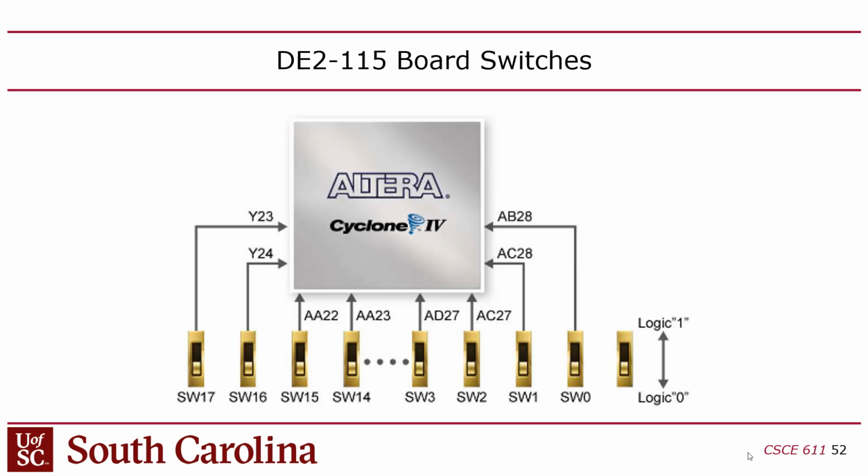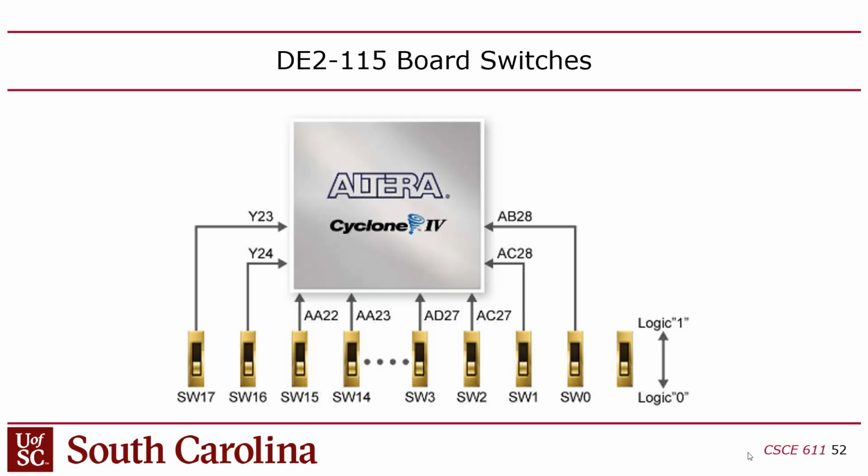Check it out, Y23. This FPGA has 780 pins underneath it, arranged as a 2-dimensional grid, a ball grid array, they call it FBGA, flip chip ball grid array. 780 pins.